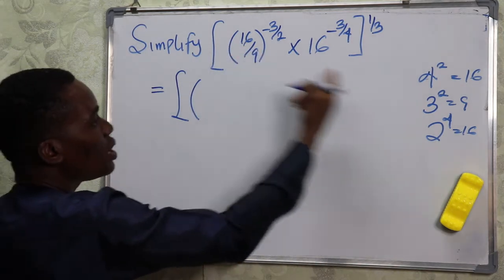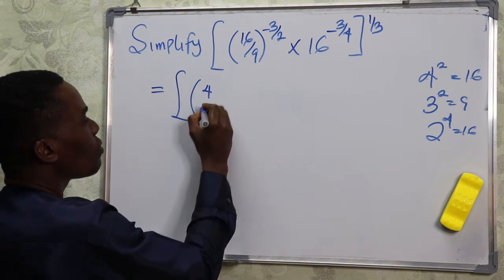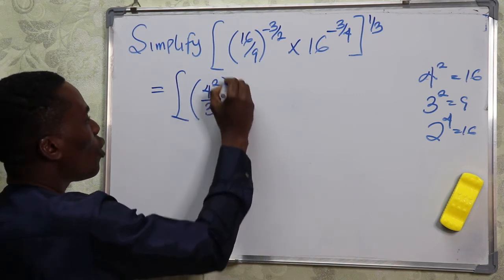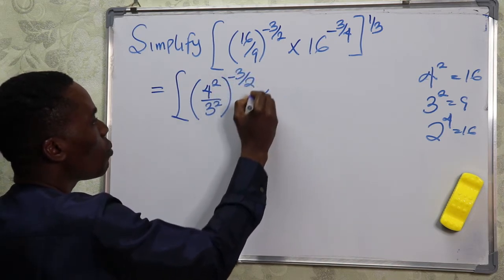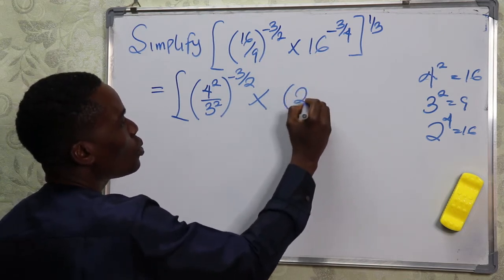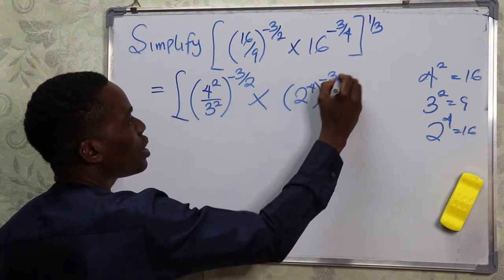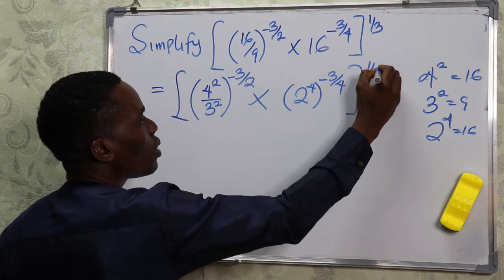So in place of this, we'll put 4 squared over 3 squared, all in bracket raised to power minus 3/2, multiplied by, in place of this, 2 raised to power 4 in bracket raised to power minus 3/4. All together raised to power 1/3.